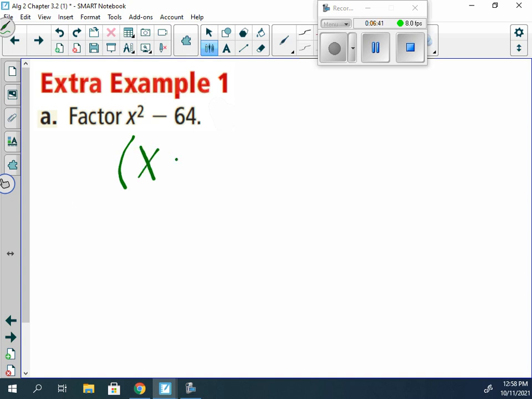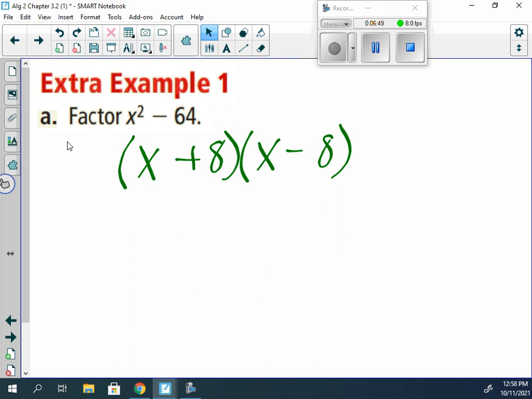So x plus 8 times x minus 8. I mean, we could have done it in either order. We could have said x minus 8 times x plus 8. That'd be the same thing. As long as one's positive and one's negative, that's it. Questions on this here?